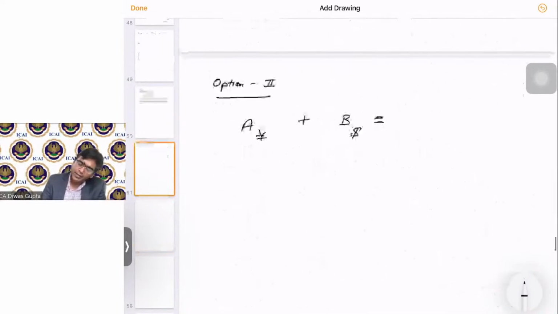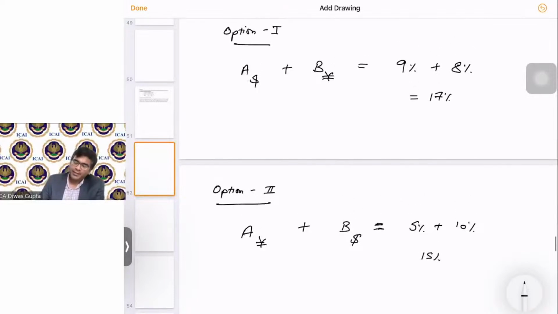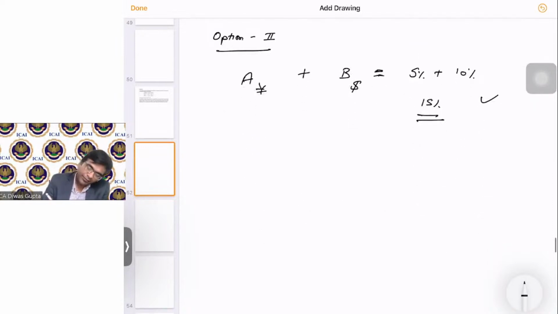So the collective cost of this borrowing will become 5 plus 10, 15%. Correct? These are the only two options possible. Whether option 1 is feasible or option 2 is feasible, option 2 is definitely better because there is a 2% saving.